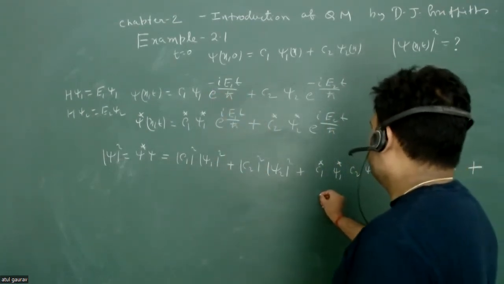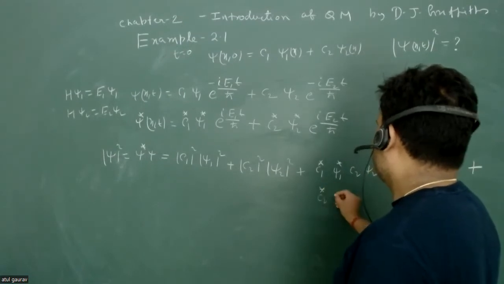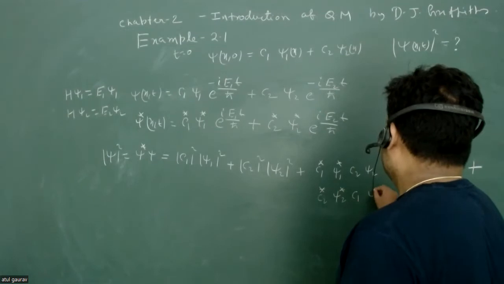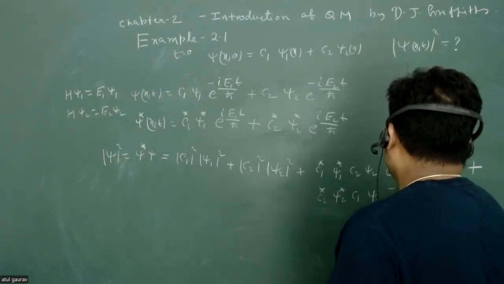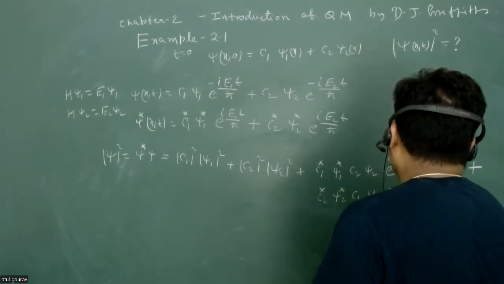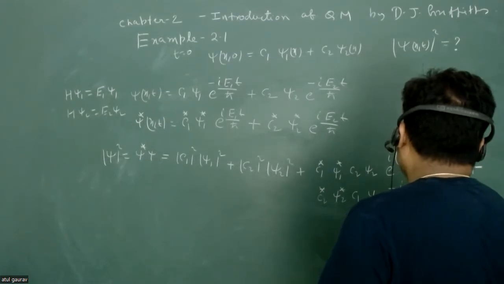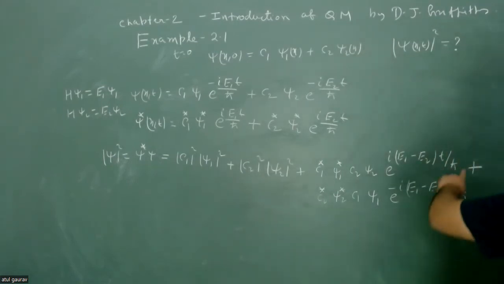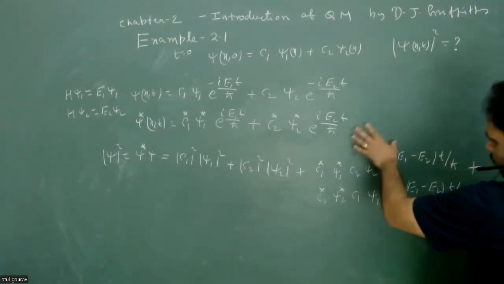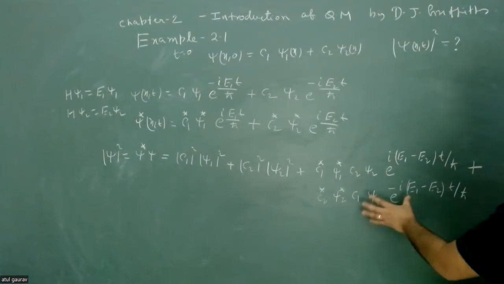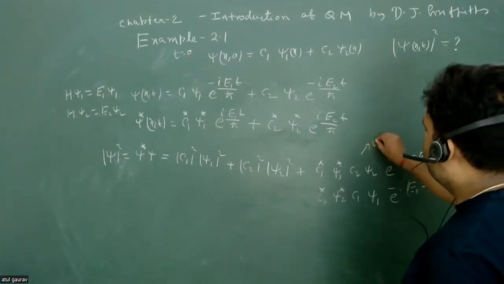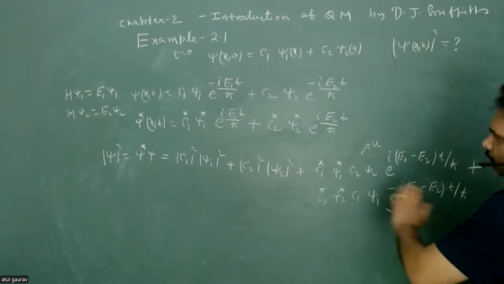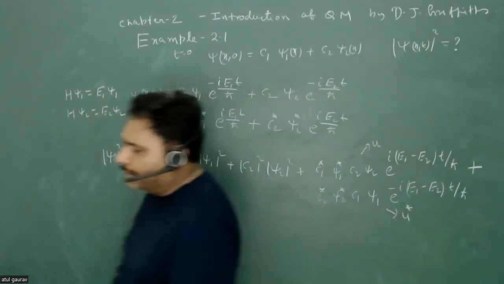So this term is equal to C2 star psi2 star C1 psi1 e to the power minus i (E1 minus E2) t upon h cut. Now, if we see this carefully, this term is some function u and this function is u star, and u plus u star is nothing but twice the real part of u.